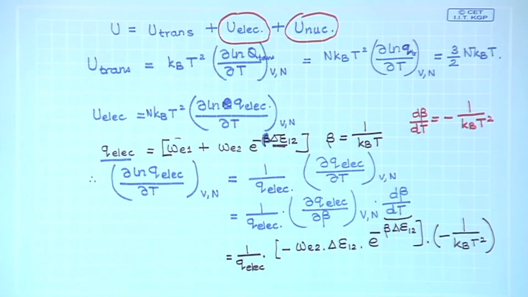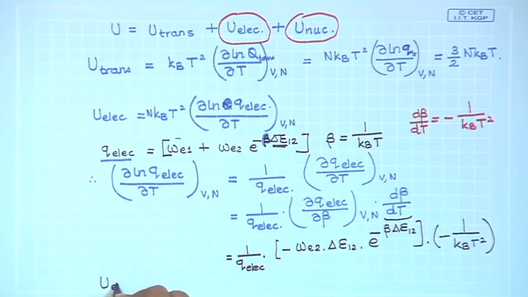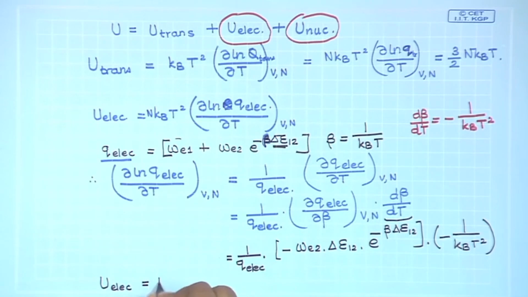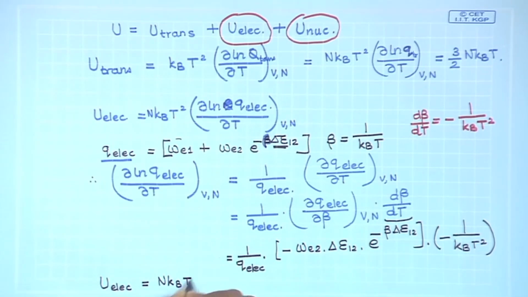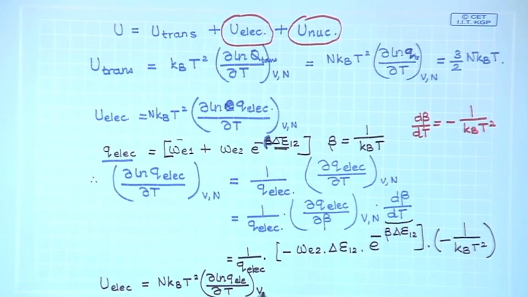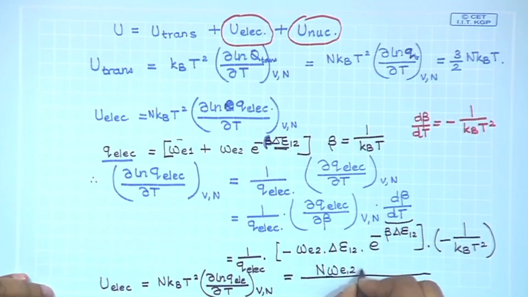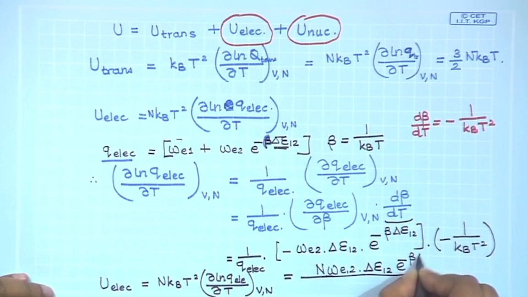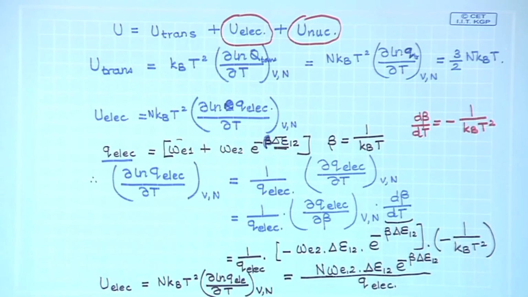So, what does it give me? This gives me that u electronic is equal to N kBT square into del ln q electronic del T, keeping volume and number of particles constant, that would be given by 1 by N omega E2, then delta epsilon 1 2 e to the power of minus beta delta epsilon 1 2 into q electronic, right.